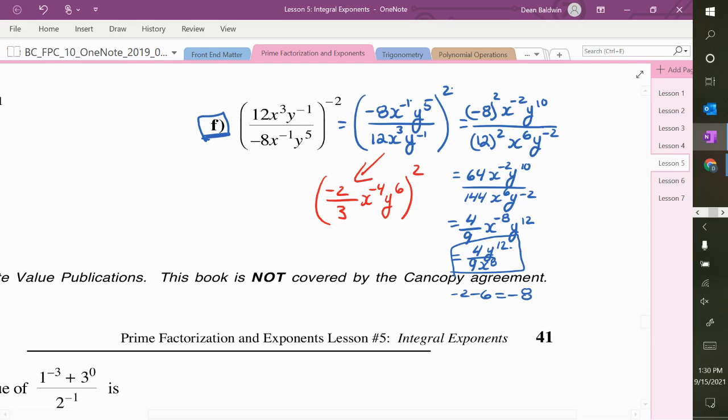Then the exponent 2 goes to everything. So you get negative 2 squared, 3 squared, x to what power? Negative 8, y to the 12. What's negative 2 squared? 4. What's 3 squared? 9. Where do I put the x to make it a positive exponent? And the y to the 12 goes up.